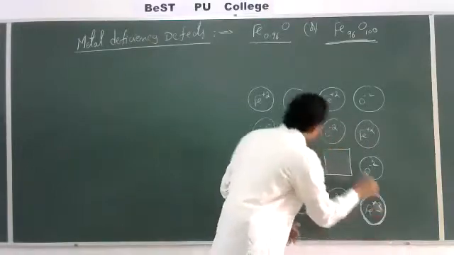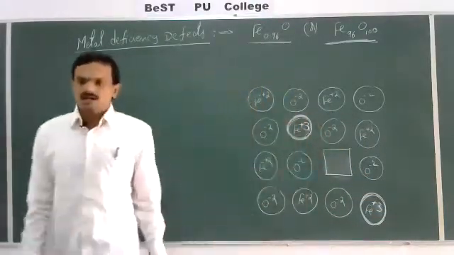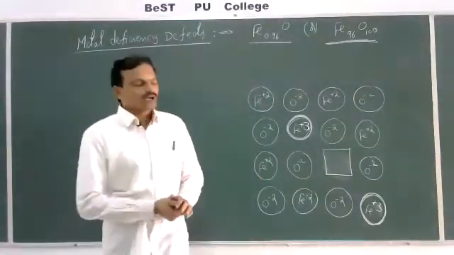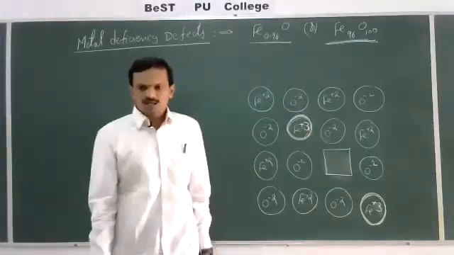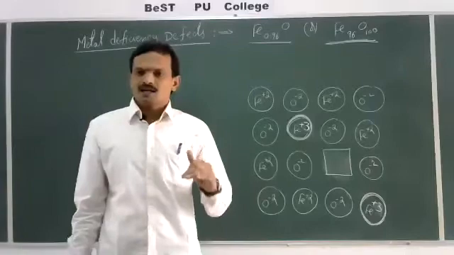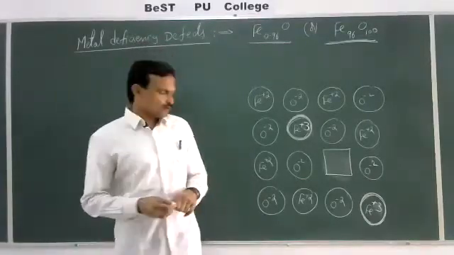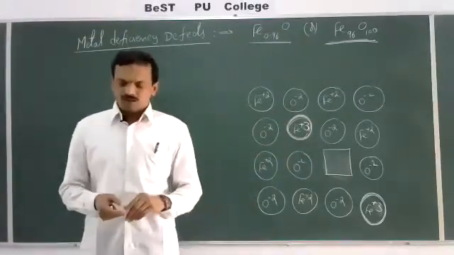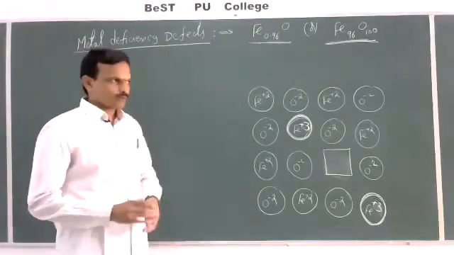That means these two iron ions exhibit a plus 3 state instead of plus 2. Now electrical neutrality is maintained, and the number of metal ions is less than the number of non-metal ions. The defect that arises is known as a metal deficiency defect.